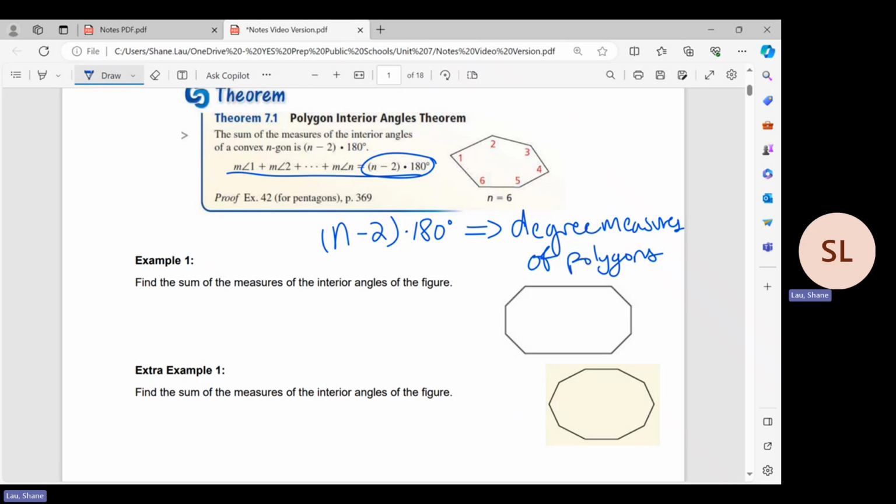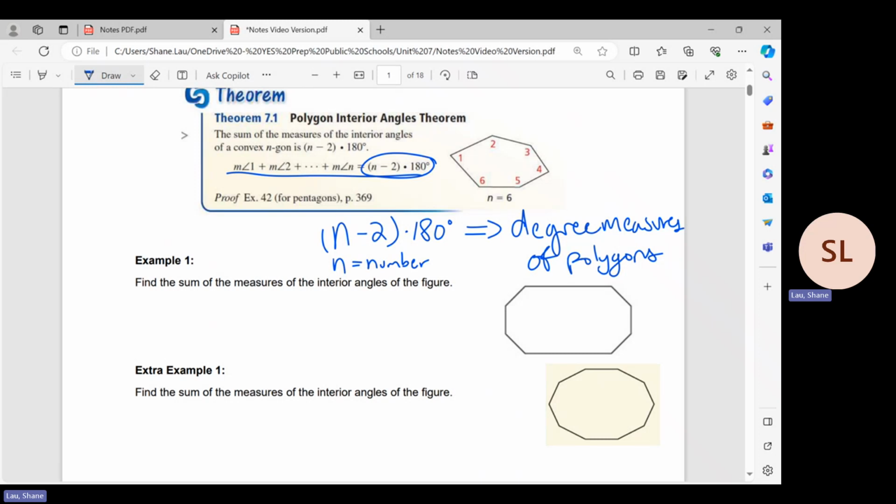Okay. And so basically, all we have to do is just count the sides. N, of course, is the number of sides. And so as long as we know what the number of sides is, or if we know how many degrees we equal, then we're going to be able to use this equation.